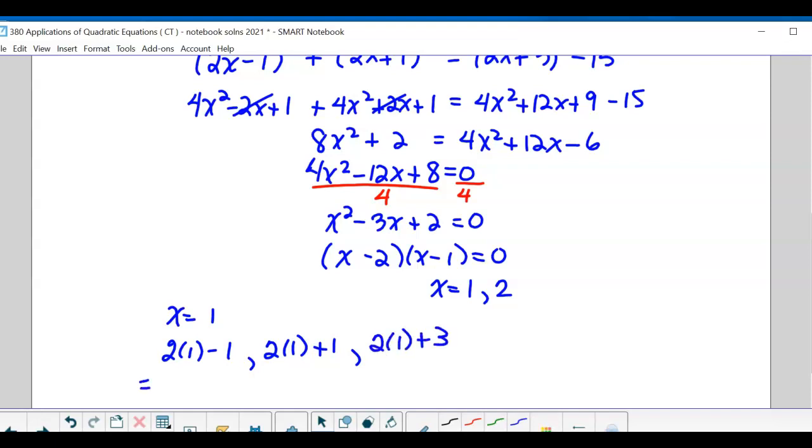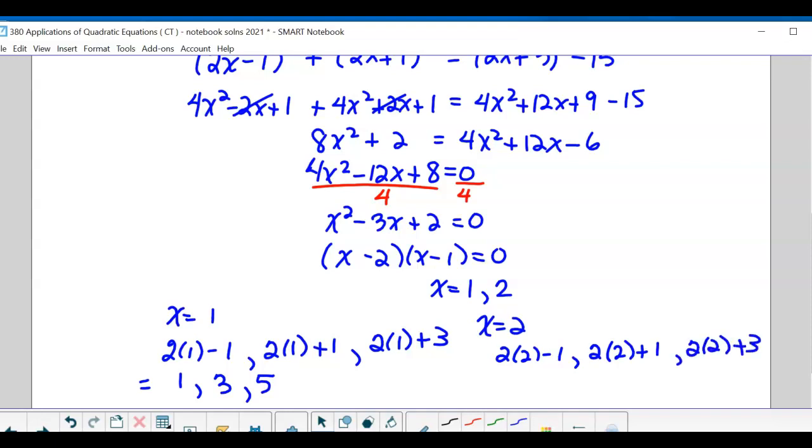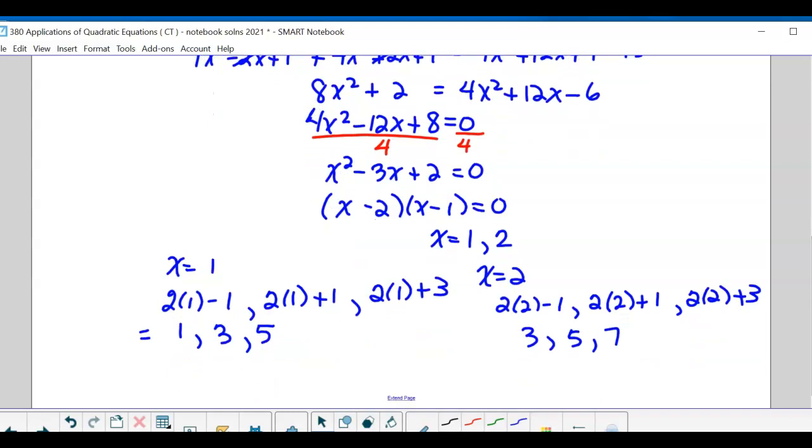So that means you'd have 1, 3, and 5. When x equals 2, we have 2 times 2 minus 1, 2 times 2 plus 1, 2 times 2 plus 3. So you have 3, 5, and 7. Okay, and then you can check them out.